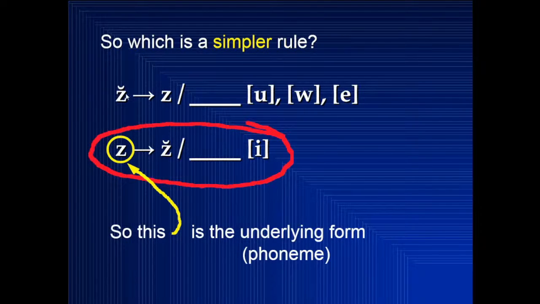So we can talk about two different rules. We can say this sound becomes z when it is followed by this one, this one, this one. Or we can have another rule. This sound z becomes j in the context where it is followed by just e.